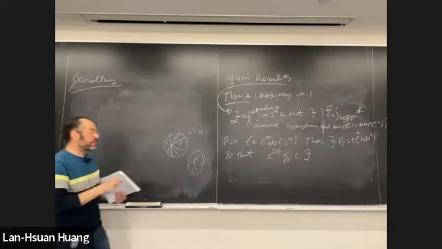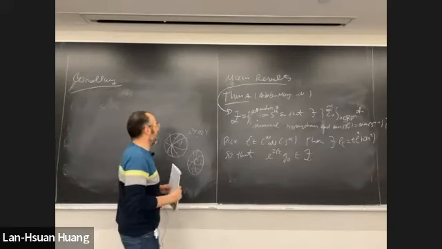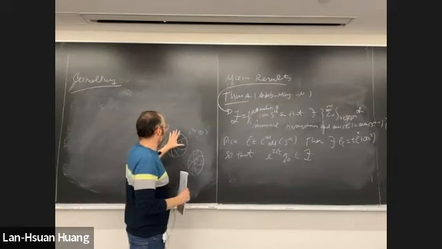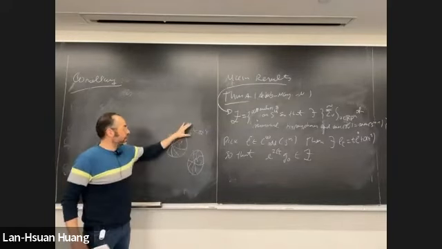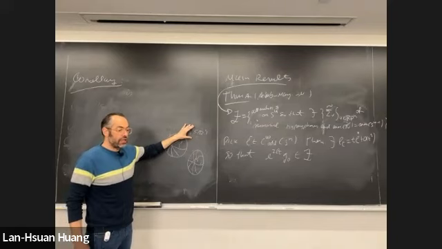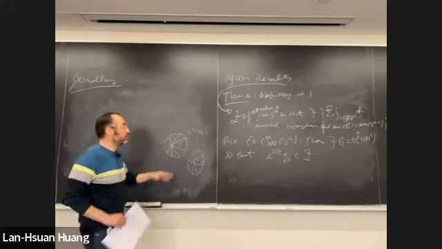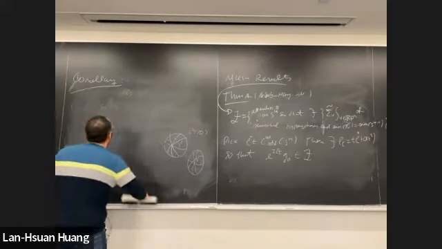The thing that I should have said more carefully here is that the family of all minimal spheres for the round metric in S3 is parameterized by RP3. So let me say that, because this part is important.